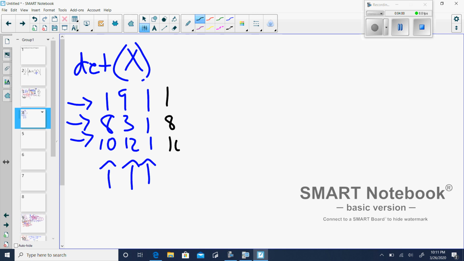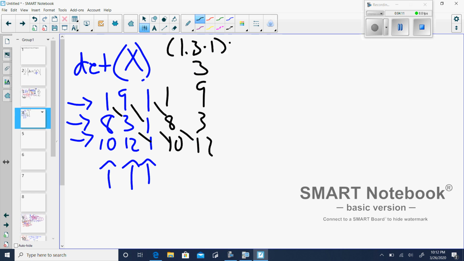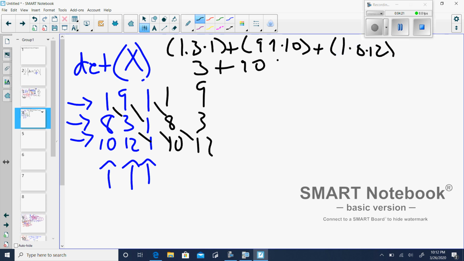You just repeat the first 2 columns, and we do some multiplication diagonally from left to right. So 1 times 3 times 1, plus 9 times 1 times 10, plus 1 times 8 times 12. So we're getting into some larger numbers here. 8 times 12 is 96, so 189.